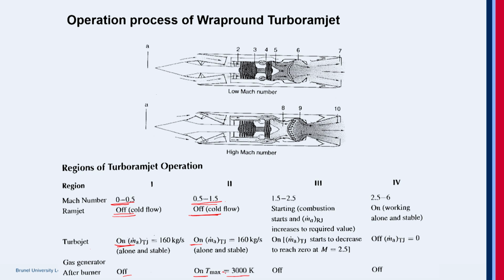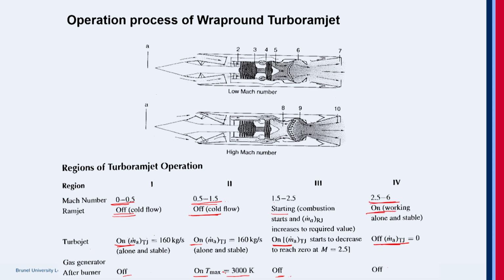Then when you go beyond Mach 1.5 to 2, start the ramjet. Go in parallel with the turbojet, and then the afterburner is off. Then the turbojet is fully off from beyond Mach 2.5 and up to 6.